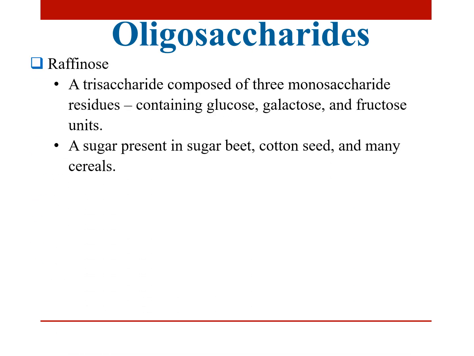We have to conclude on oligosaccharide with two examples. One is raffinose. This is a trisaccharide of glucose, galactose, and fructose. And this is present in sugar beets, so they are known to be sweet. Also in cottonseed and many cereals.